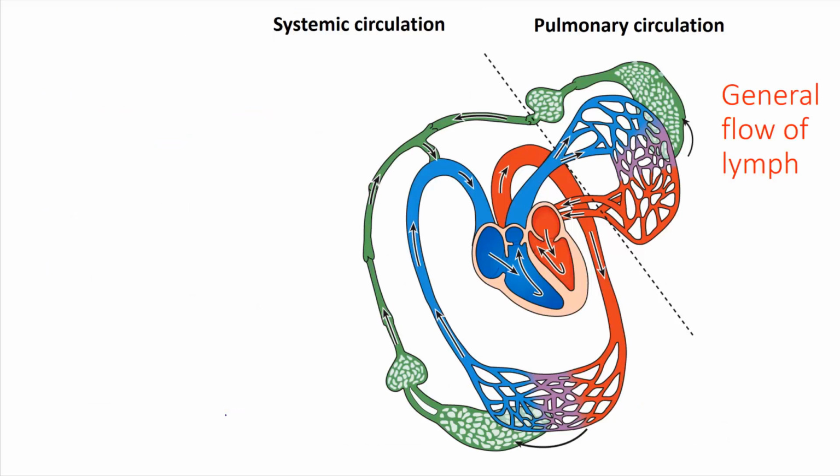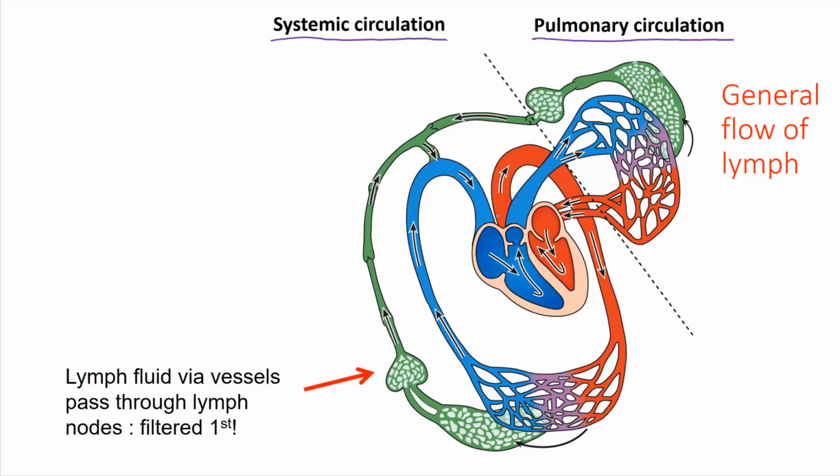So how's this system set up? Well, remember we had a systemic side of the circulation, and then we also had a pulmonary side to the circulation. And the lymphatic system sits alongside these circulations. So the fluid can be picked up into these lymphatic capillaries right here. So here are the lymph capillaries.